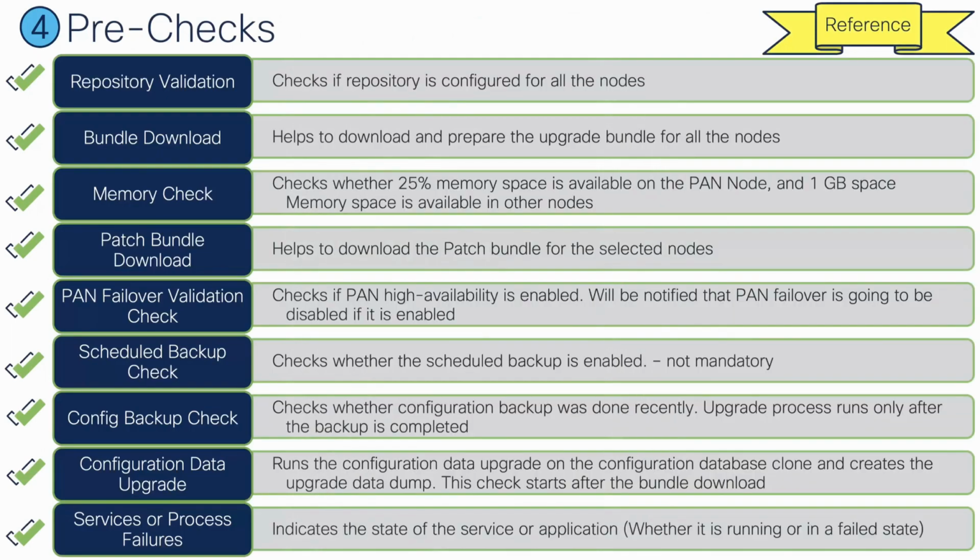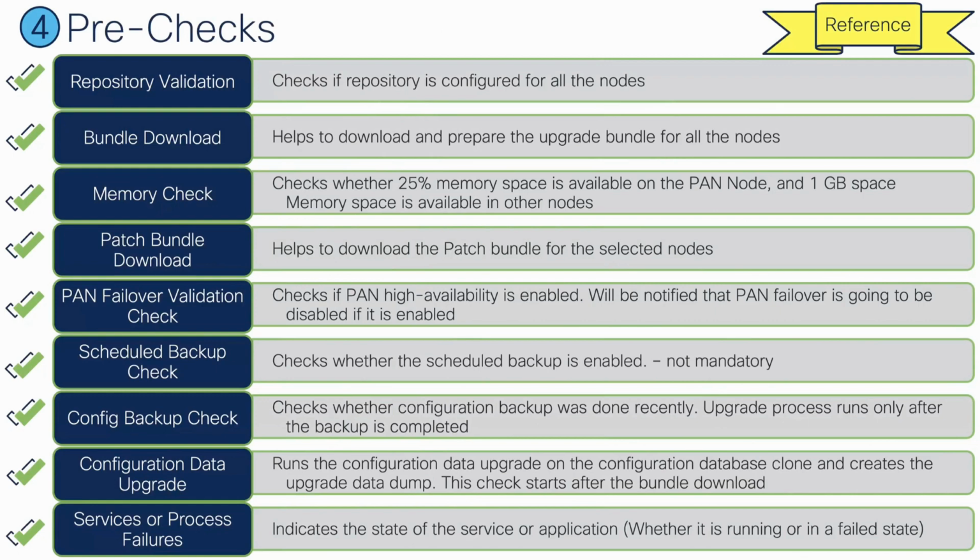So at a high level, these are the pre-checks. It's going to validate the repository. It's going to download the upgrade bundle to each and every node. It's going to validate whether you have enough RAM available on nodes, and if you are trying to apply the patch as well as upgrade, that patch can be downloaded to individual nodes as well.